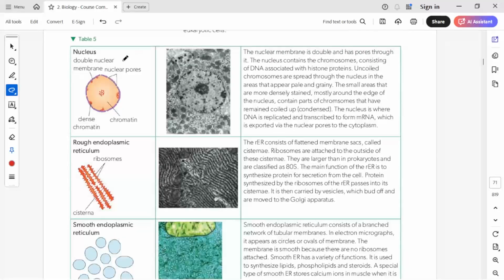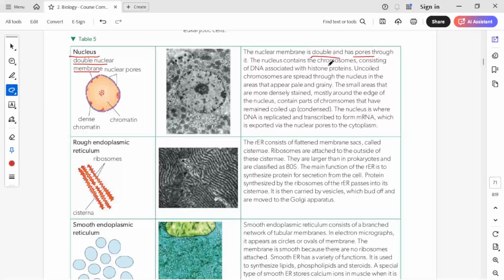If we see the organelles one by one, the nucleus has a double nuclear membrane structure. It has a double nuclear membrane outside, and nuclear pores through which small sized molecules can pass. Chromatin is present inside this nucleus.